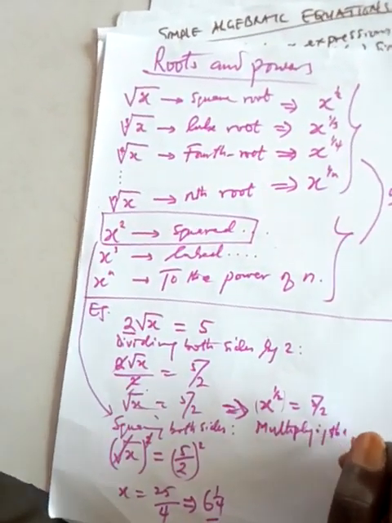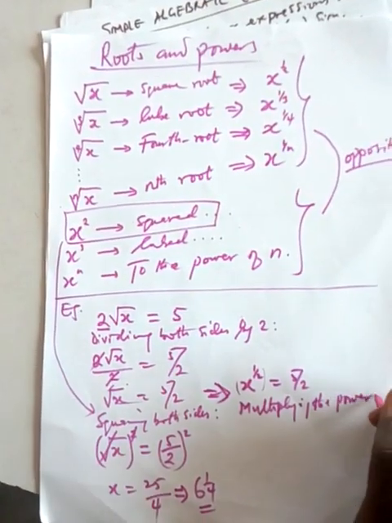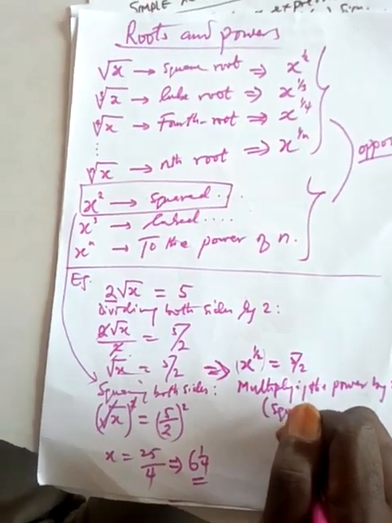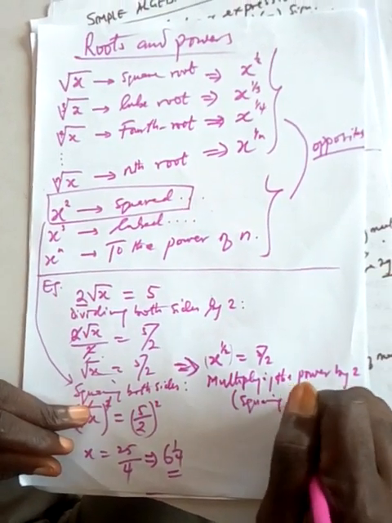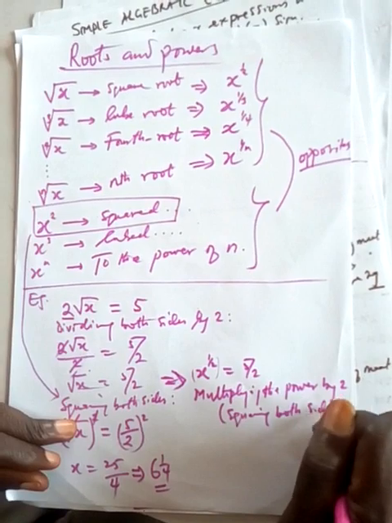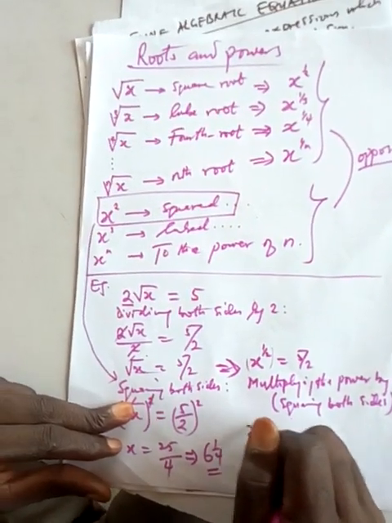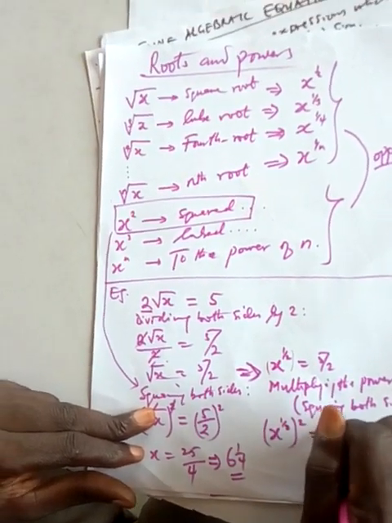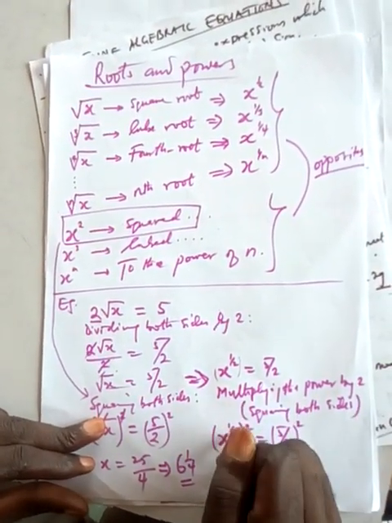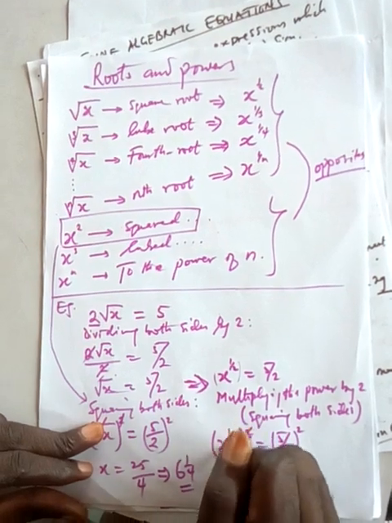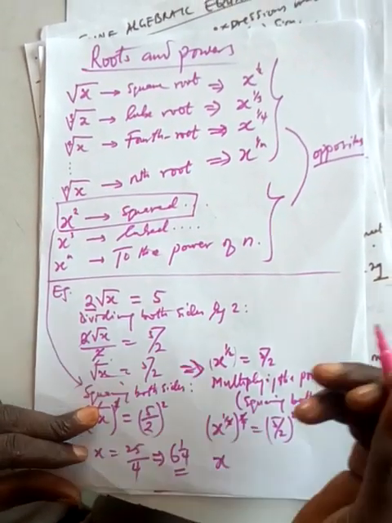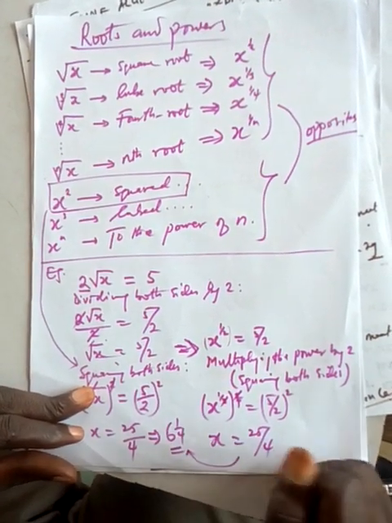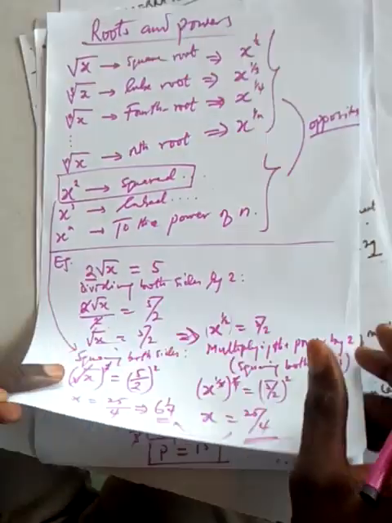Multiplying the power by 2 is the same thing as squaring both sides. So when we square here, we also square here. You see, it's easier now to see that 2 will cancel 2 here. It's x raised to the power 1, which is x, and we have 25 over 4, which takes us back to this. So it's easy.